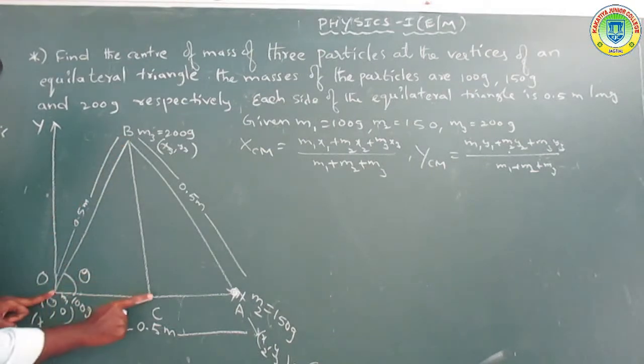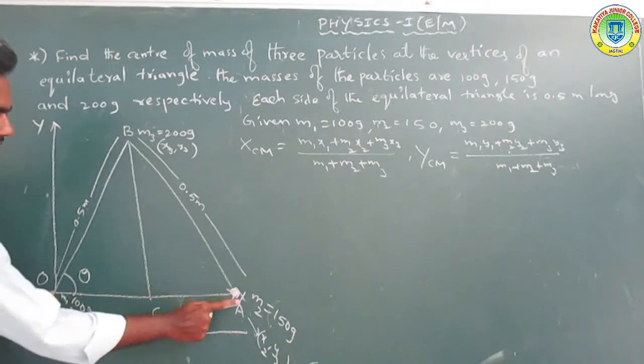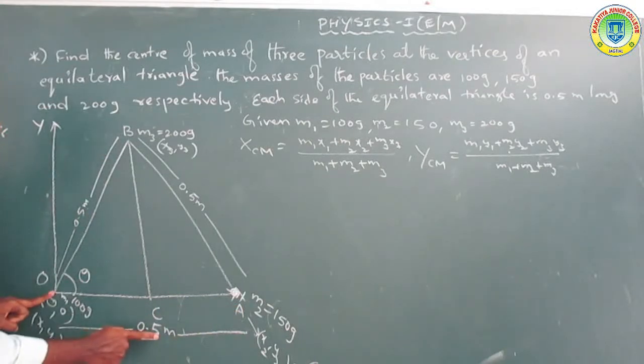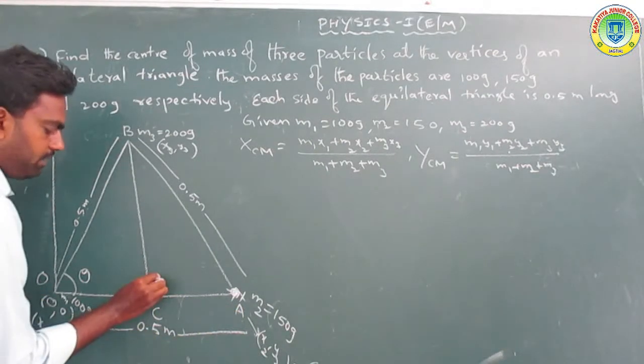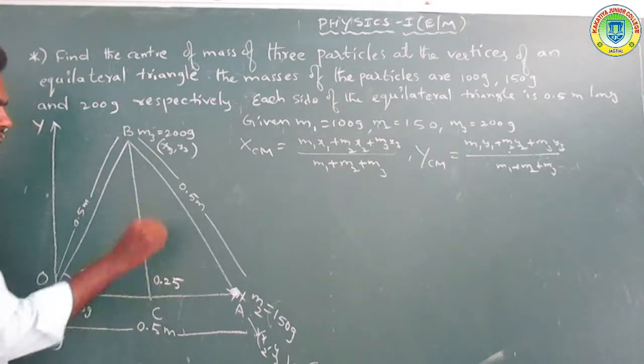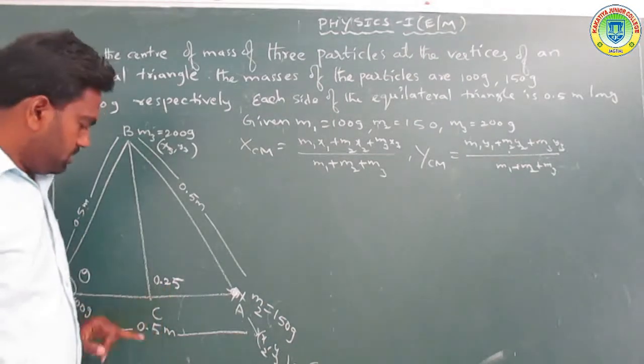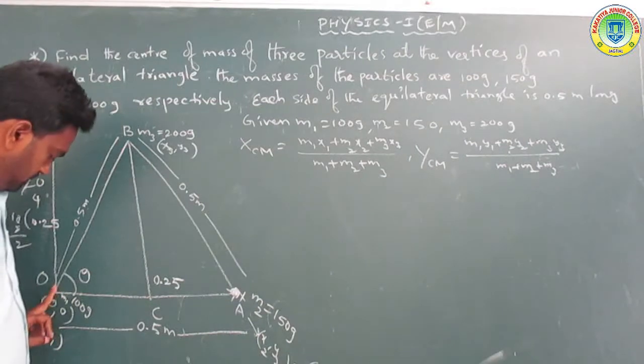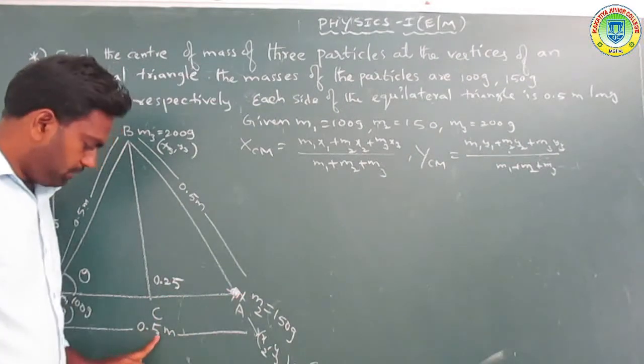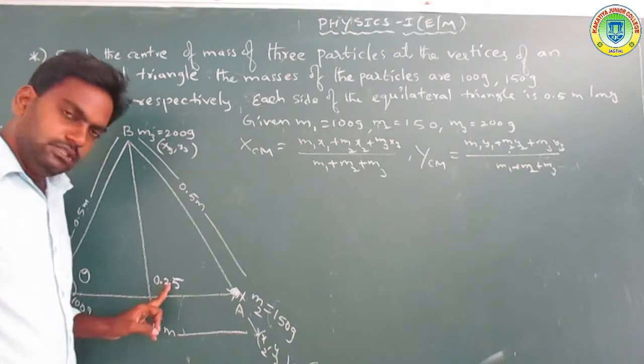To find x3, the total length is 0.5 meters, and half of it is 0.25.